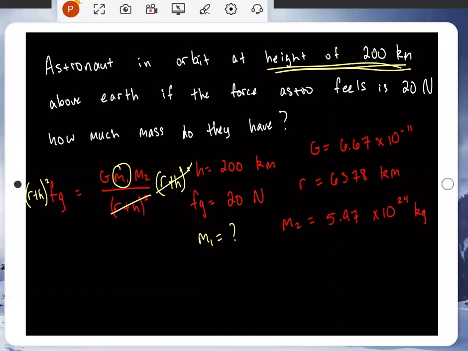So if I was to write a new equation, or if you can keep solving it, tell me what to write down. Okay, so then you're left with R plus H squared times FG equals G M1 M2. Great. So what do I do now?